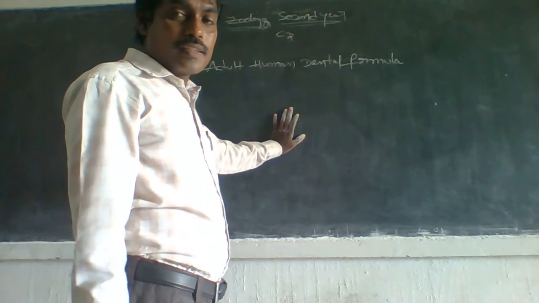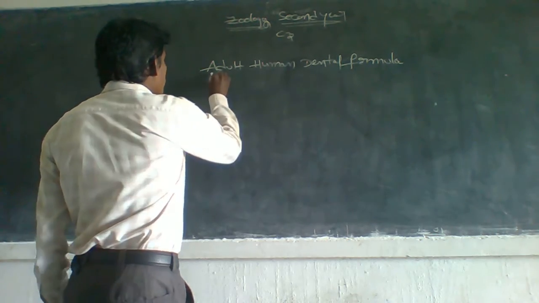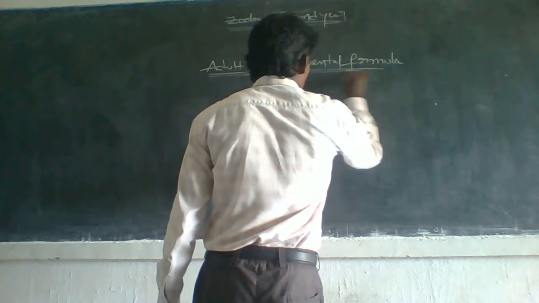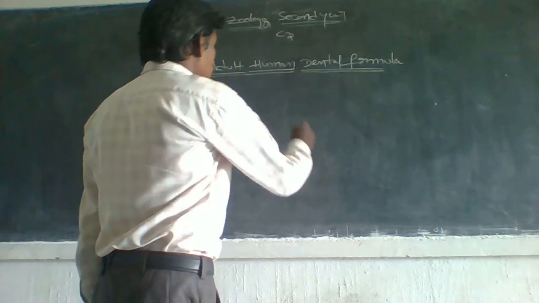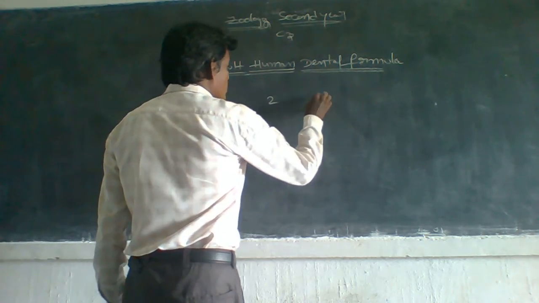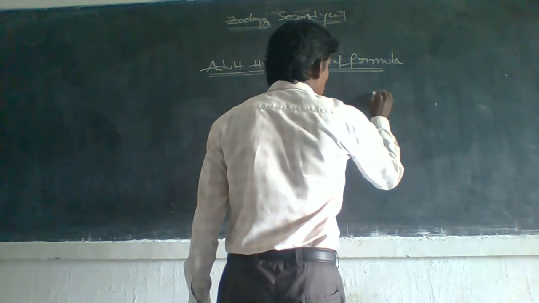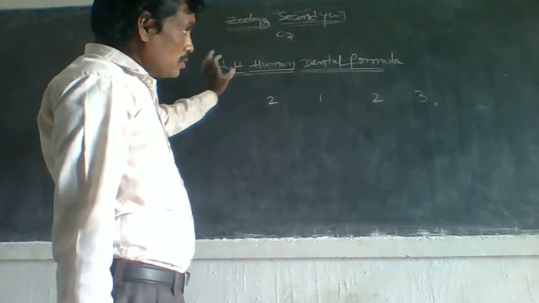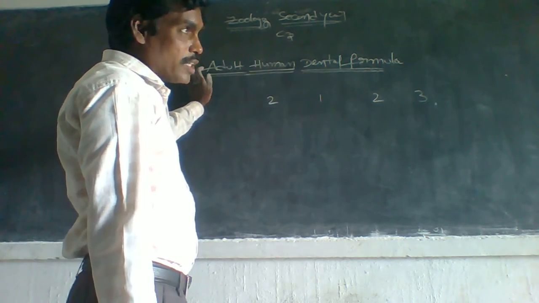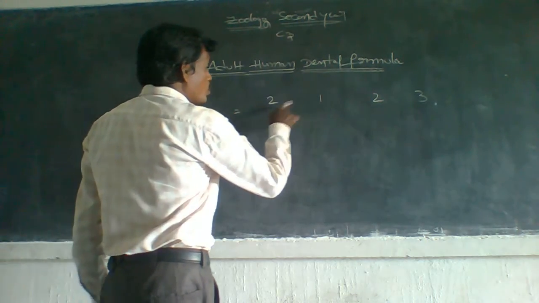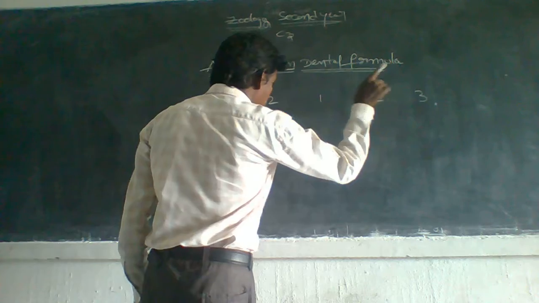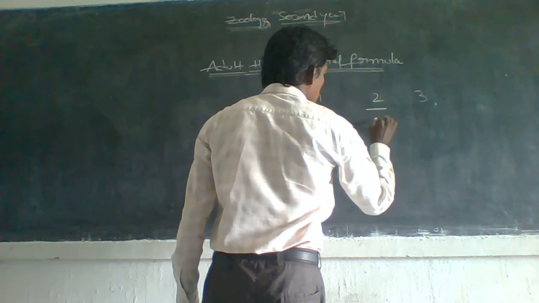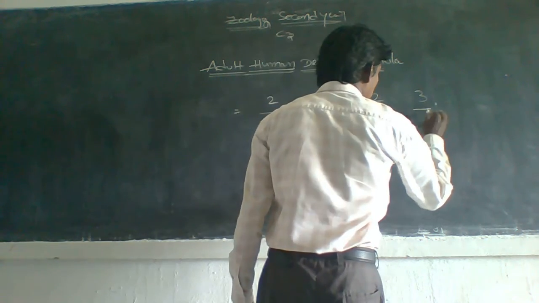Adult human dental formula: 2, 1, 2, 3 by 2, 1, 2, 3.